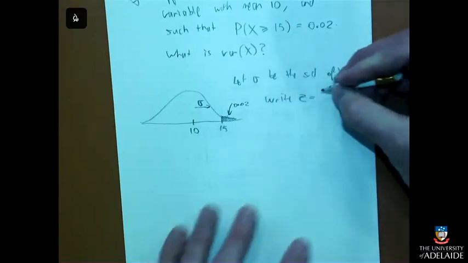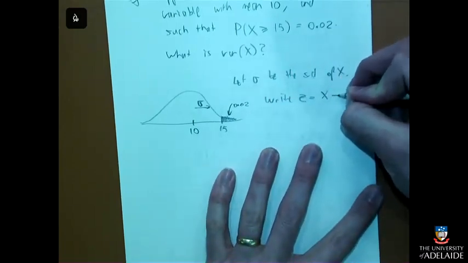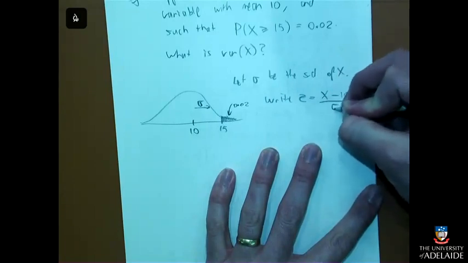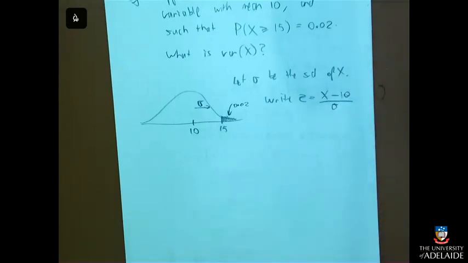So why don't I write Z is equal to x minus the mean divided by the standard deviation. And that random variable has mean 0 and standard deviation 1.